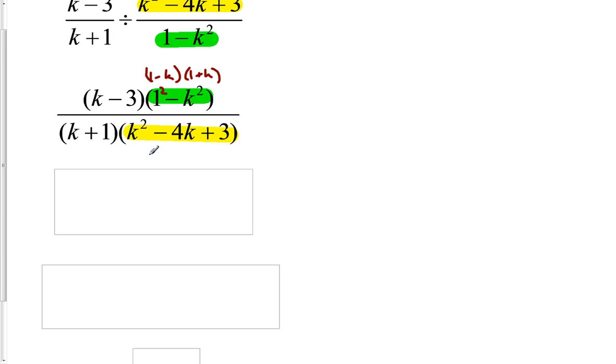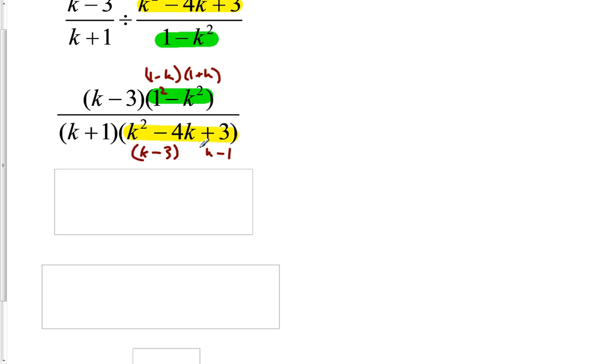And on the bottom here, k squared minus 4k plus 3, two numbers that multiply to 3 and add to -4, going to be -3 and -1. So we have a k minus 1, a k minus 3.